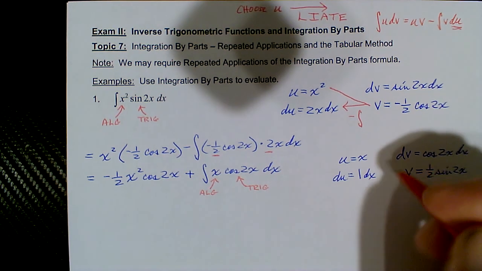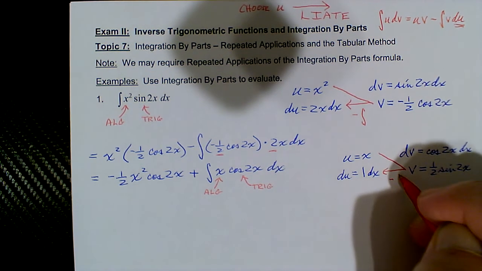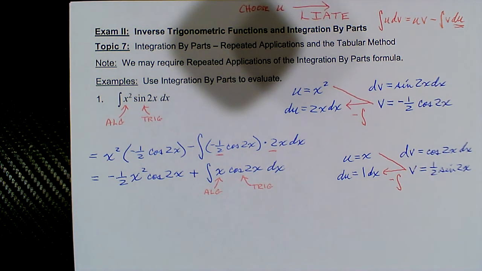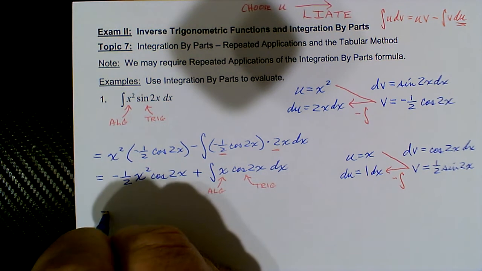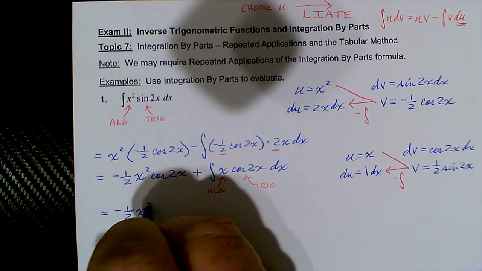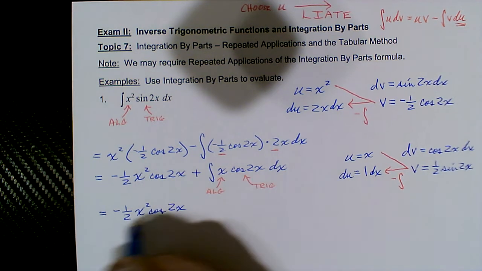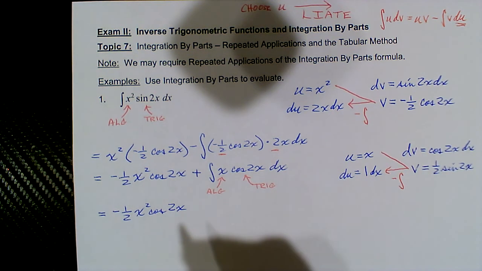And then our u times v minus the integral of v du, our integration by parts formula, gives us, okay, the first term, this minus 1/2 x squared cosine 2x, we're done with that. That's part of the solution.